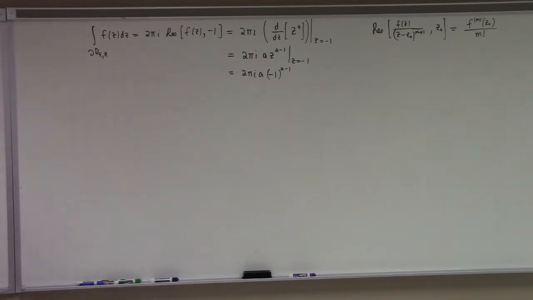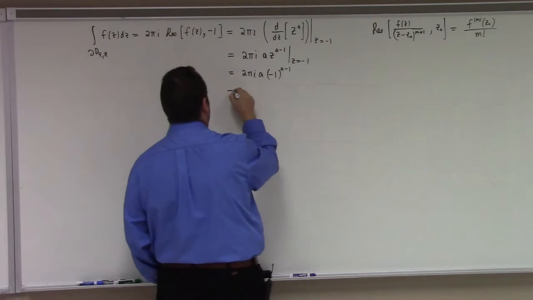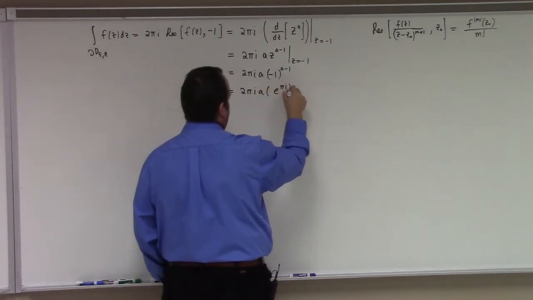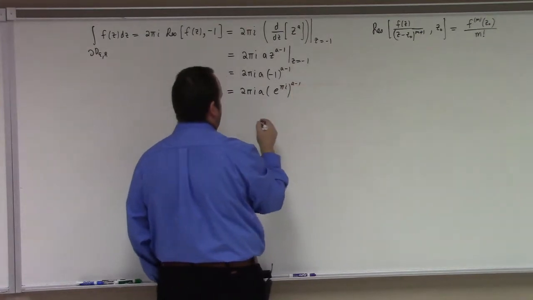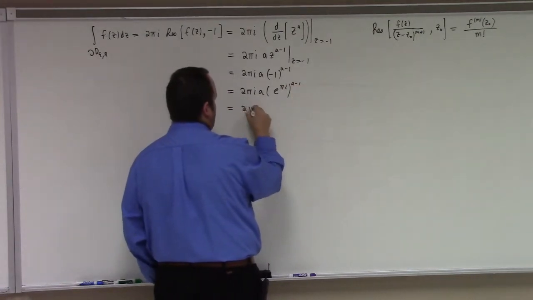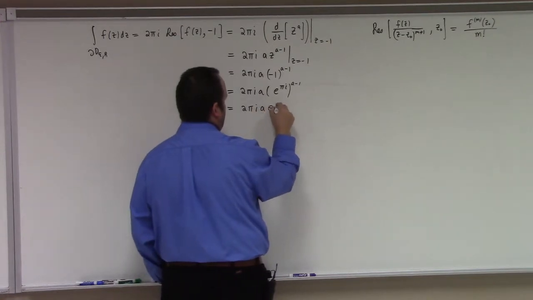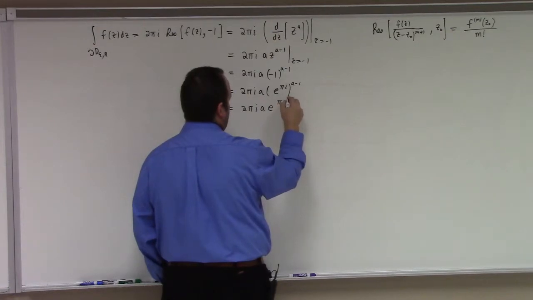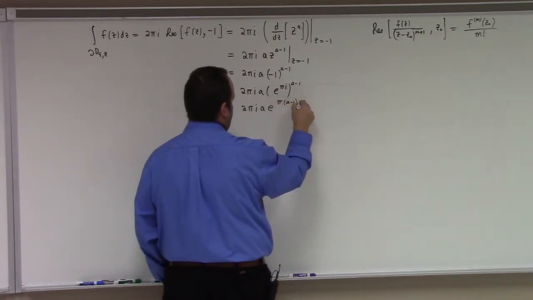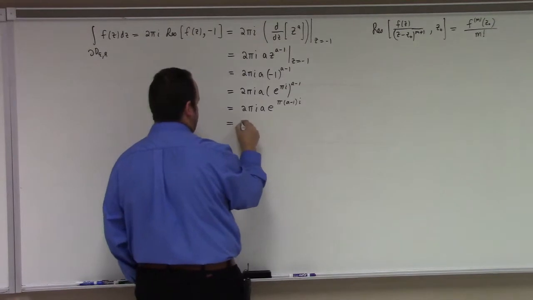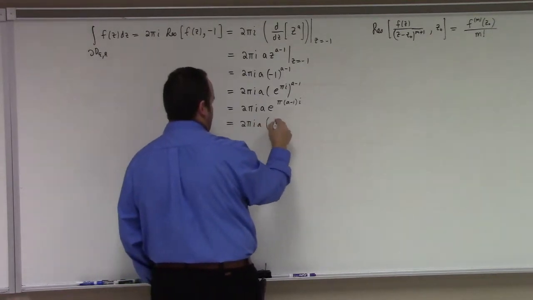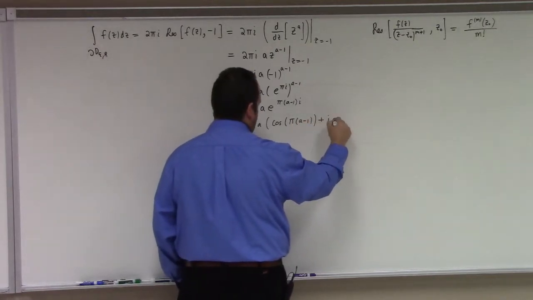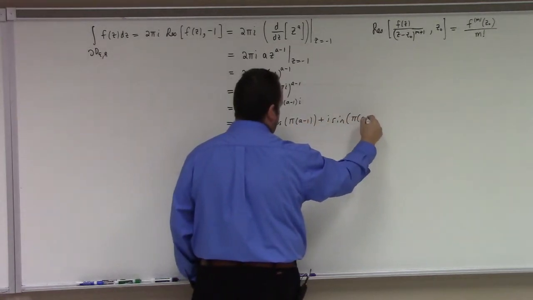So I recast that as 2 pi I a e to the pi I to the a minus 1, and I get 2 pi I a e to the, what you got here, pi times a minus 1 I, which we could then rewrite as 2 pi I a cosine of pi times a minus 1 plus I times the sine of pi times a minus 1.